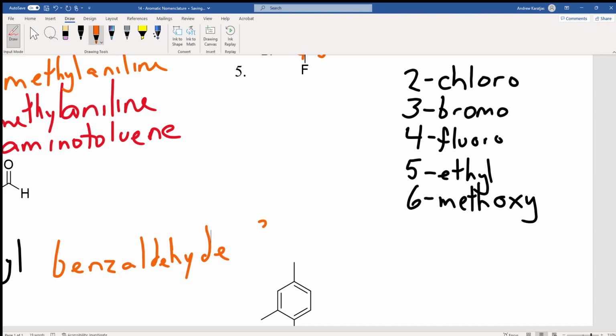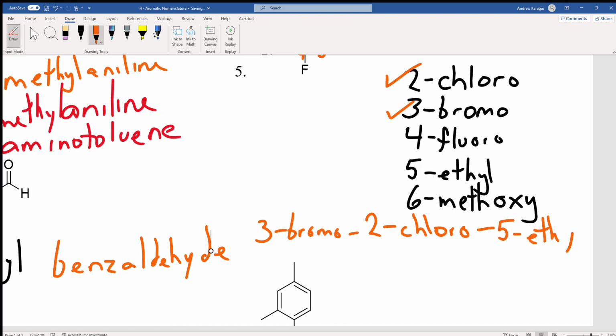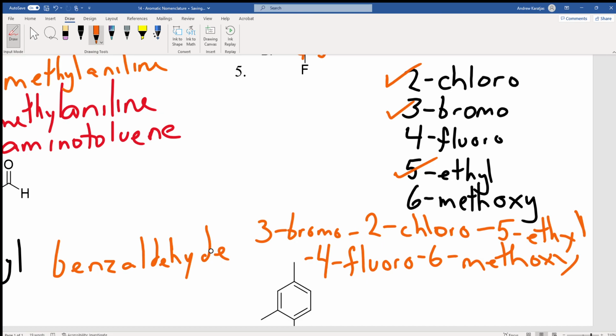So coming first is bromine, so 3 bromo, then 2 chloro, next comes E for ethyl, so 5 ethyl, we've run out of room, so we continue down to the next line for 4 fluoro, 6 methoxy, benzoic acid.